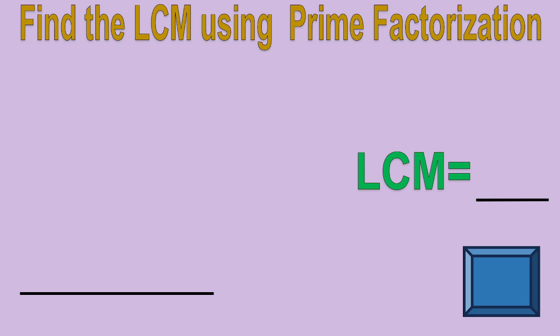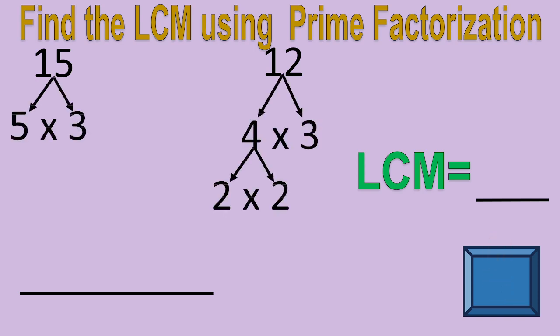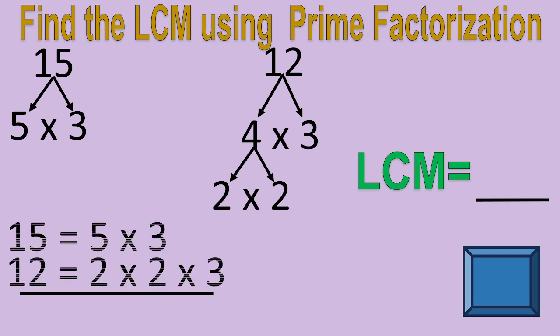Another example: 15 and 12. Times up. The answer is: the prime factorization of 15 is 5 and 3. And the prime factorization of 12 is 2, 2, and 3.